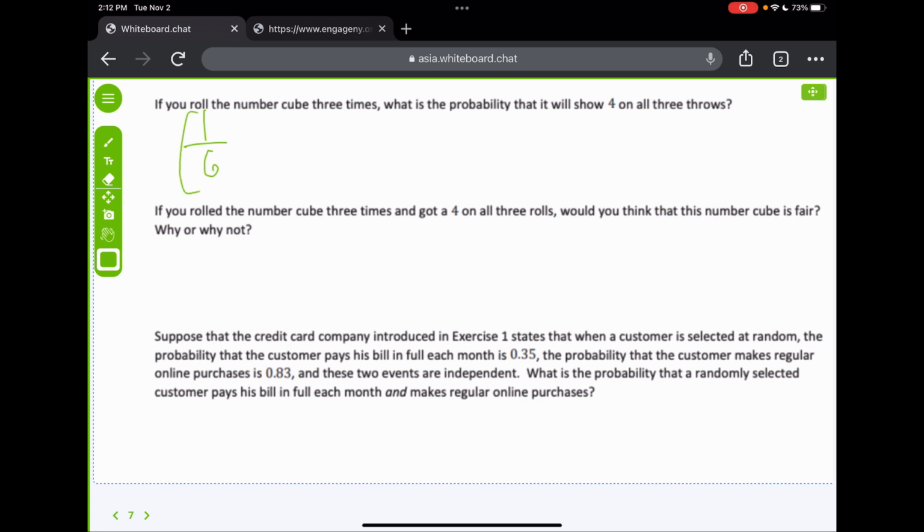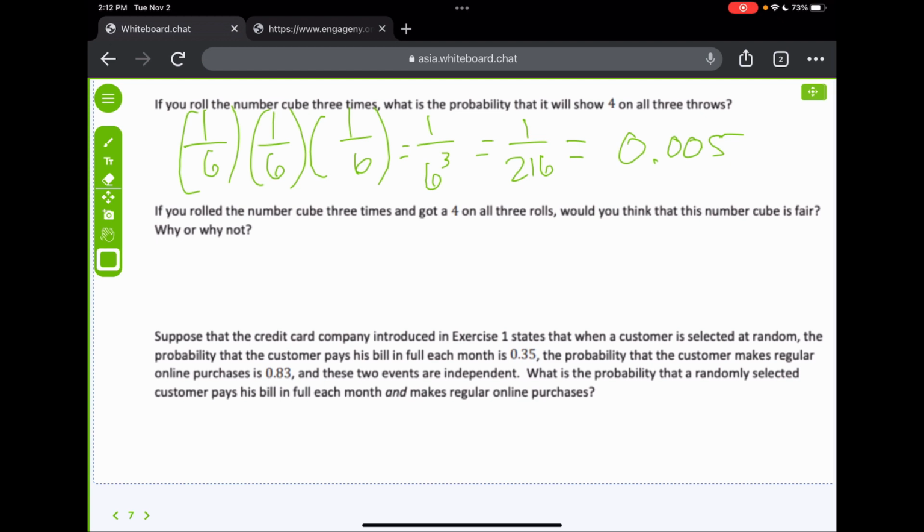Well, no. So all we have to do is multiply those together, which would be 1 over 6 cubed, and that would equal 1 over 216, which is equal to about 5 thousandths of a chance.